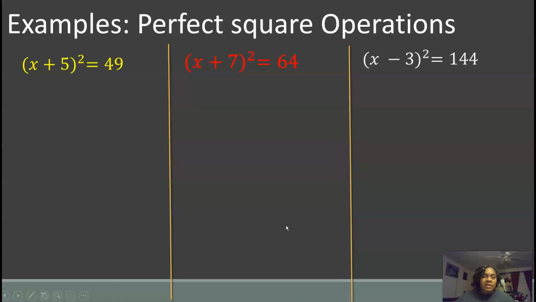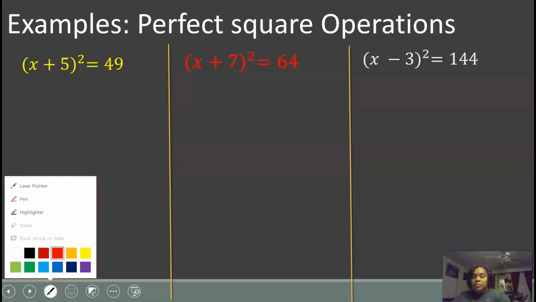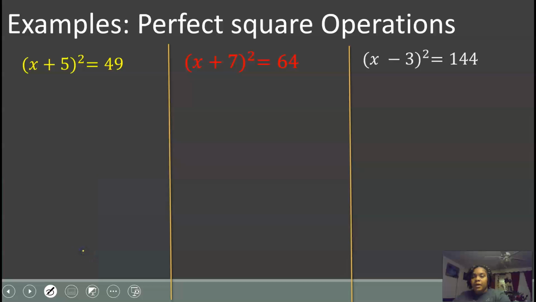Now, let's put this into play, what it looks like when you put all of this information together. I put up 3 examples to show you. The first example says (x + 5) squared equals 49. The first thing that some of you will probably want to do is x squared plus 25 equals 49.